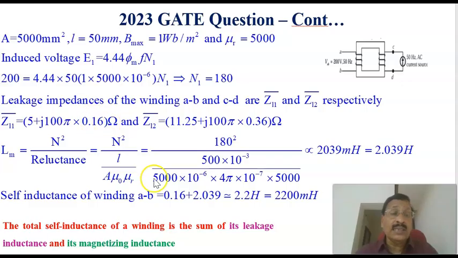Therefore, it is equal to 0.16 plus 2.039, that is, the sum of the leakage inductance, 0.16, and the magnetizing inductance, 2.039. If you add that, we get 2.2 Henry, or 2200 millihenry. Therefore, the answer is 2200 millihenry.